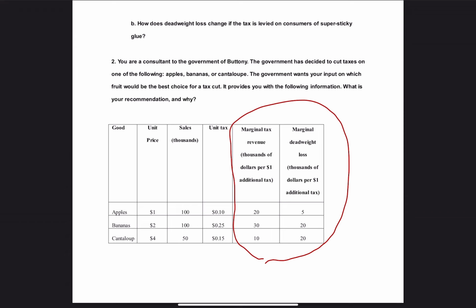If we increase the tax by $1, what do we lose in terms of taxes, or gain if we decrease taxes? And what's the marginal deadweight loss that we suffer from for each $1 unit of tax that we impose on the good? That's all that we need to compare.